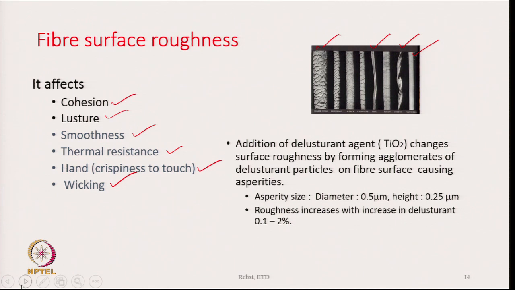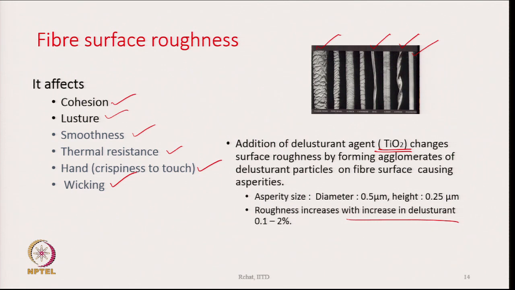How do we do it? The simplest way is to add TiO2. If we add TiO2, the surface of the polyester fiber will be rough, and therefore it will have a beneficial effect on the luster value of the fabric that we make out of these fibers.